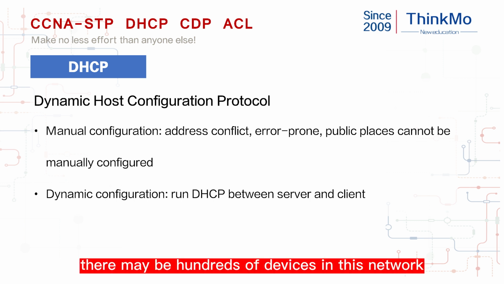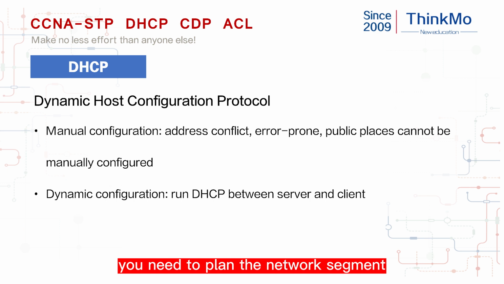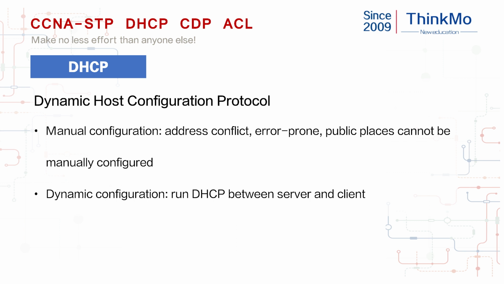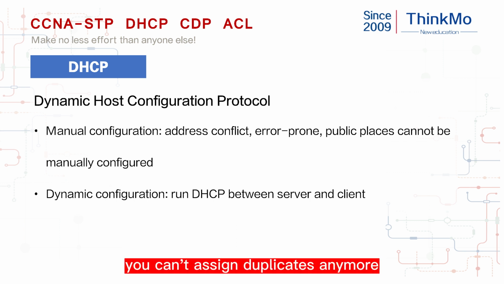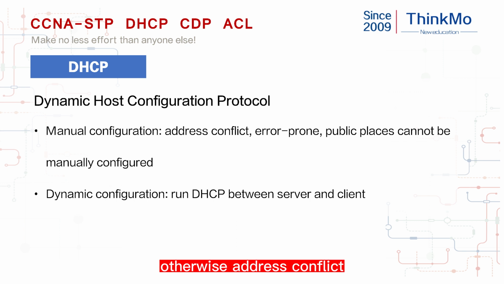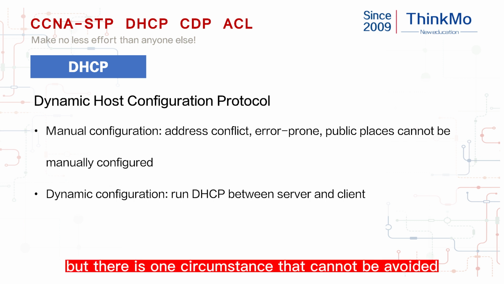You need to plan the network segment, and you also have to remember who used each previously assigned address. You can't assign duplicates, otherwise there is an address conflict. It's easy to go wrong. It can be avoided, but there is one circumstance that cannot be avoided.